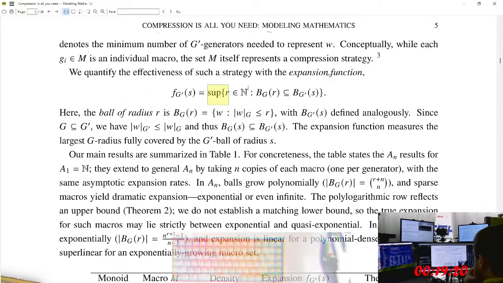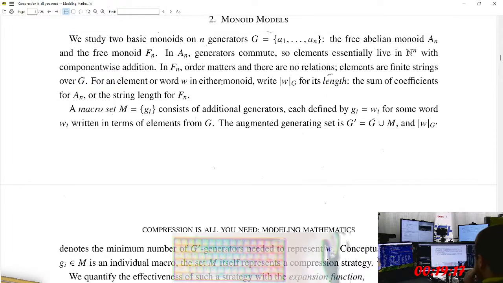What's a sup being? Did they say anything about the sup up here?